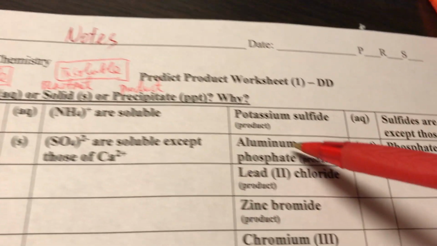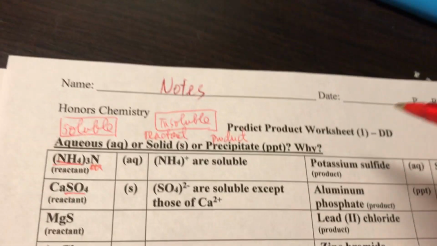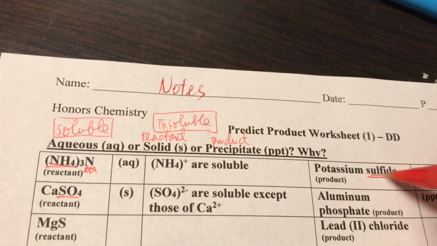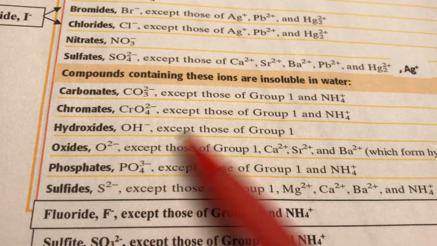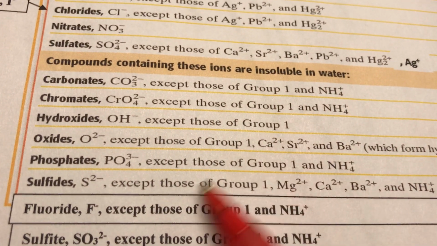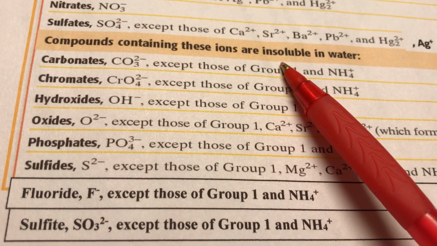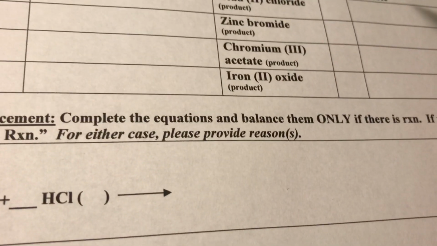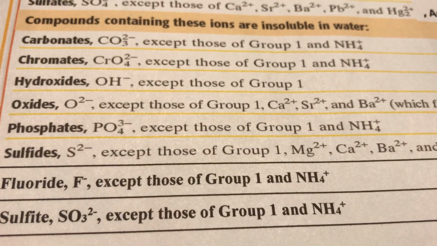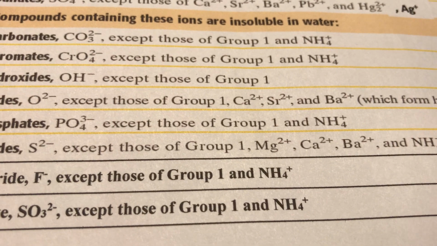All right. Now the potassium sulfide, so we look up the sulfide. We write sulfides are insoluble except those of group 1. Did I look up the wrong thing? Oh, I forgot to type insoluble here.